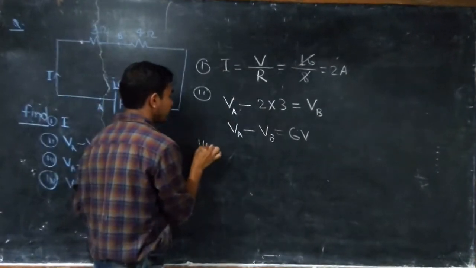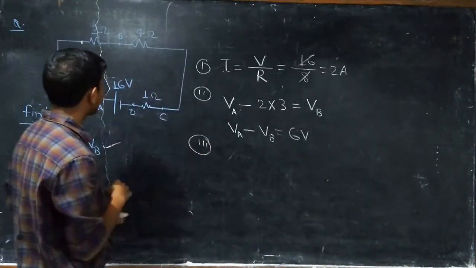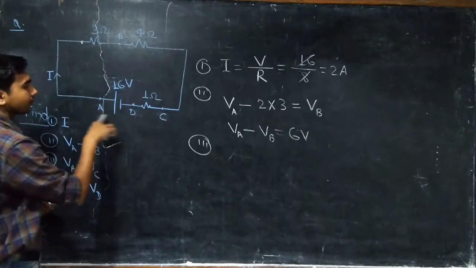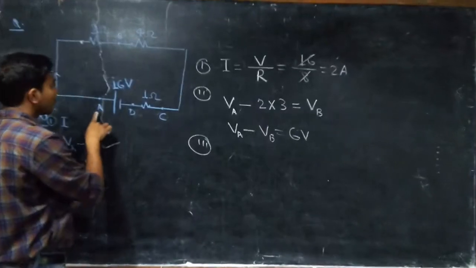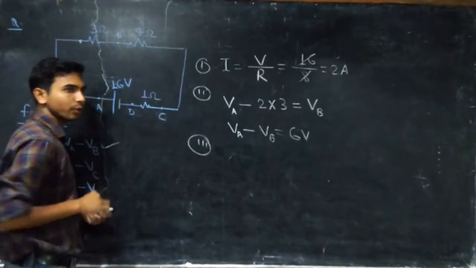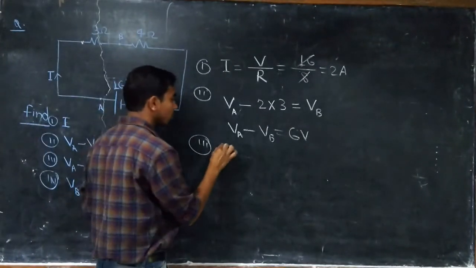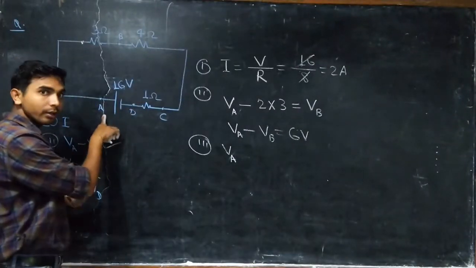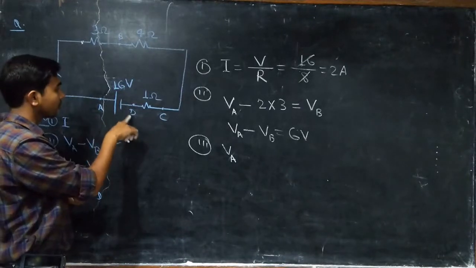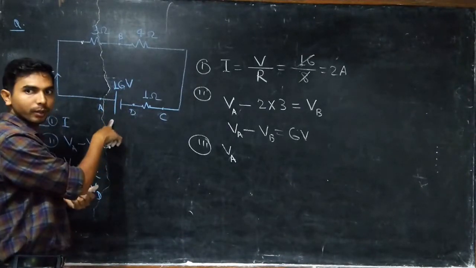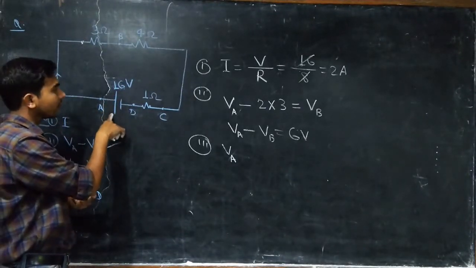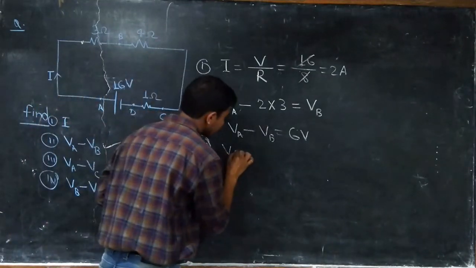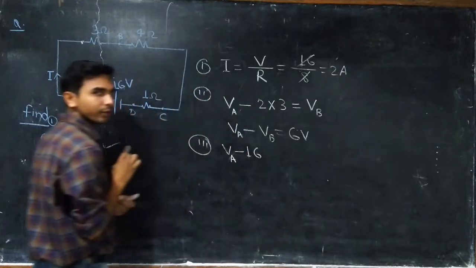And the third question we are going to solve. So third one is potential across these two, right? Again we will move from this point to that point, VA, right? Moving from this to this one, this is higher terminal, this is lower. So potential is decreasing, we will take negative 16, right?